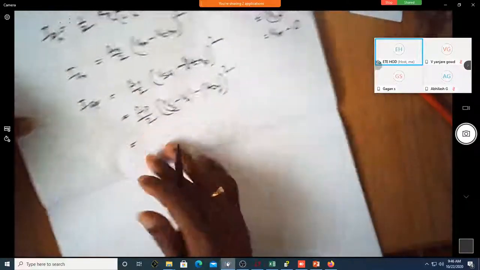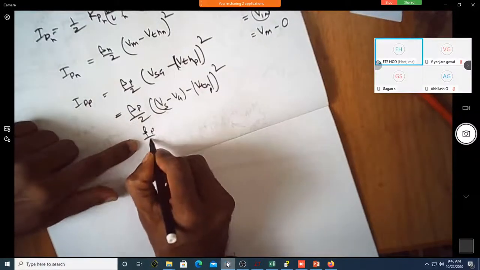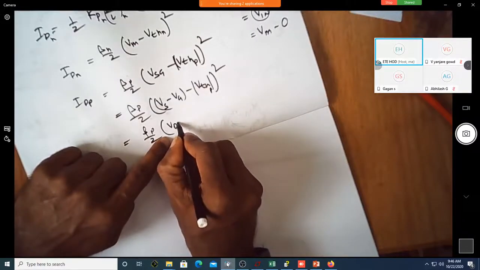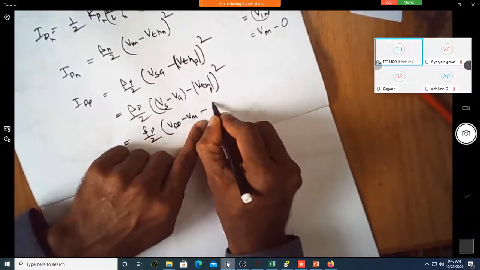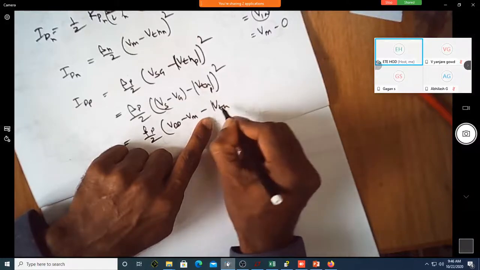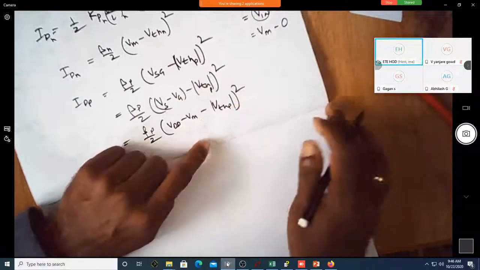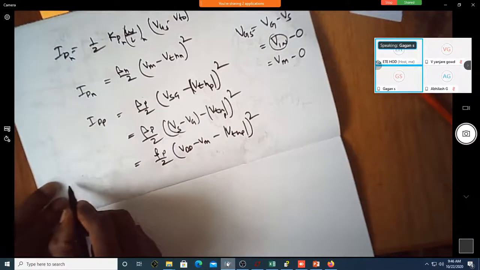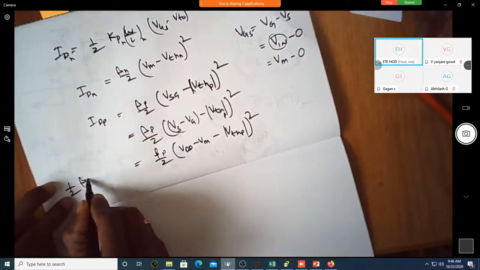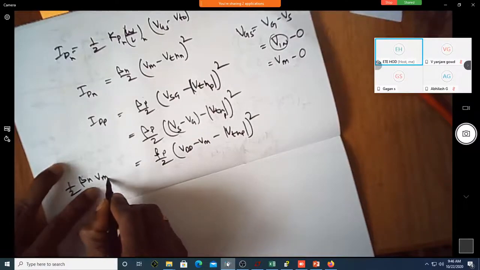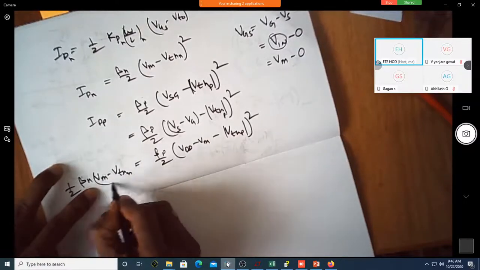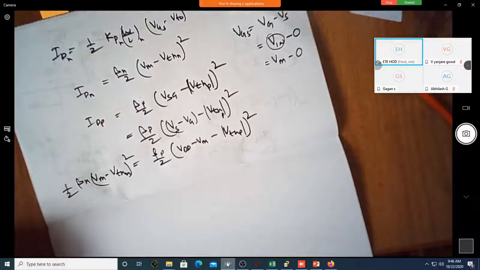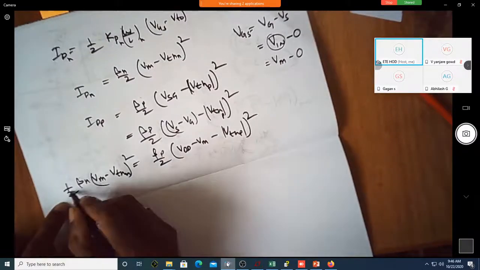So shall I go back here and write it as beta P by 2 times (VDD minus Vm minus magnitude of Vth P) whole square? Yes, sir. Is this equal to half of beta n (Vm minus Vth of n) whole square? Yes, sir.